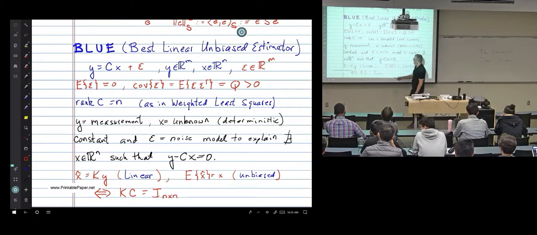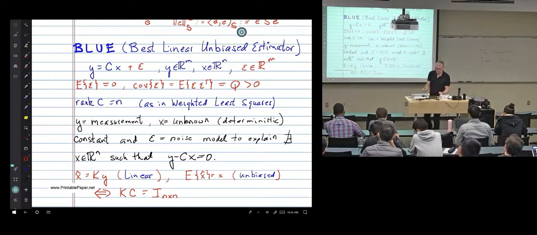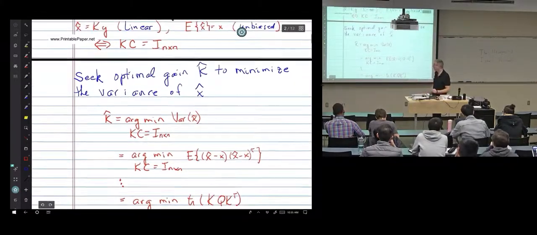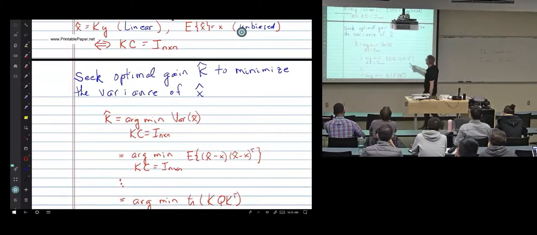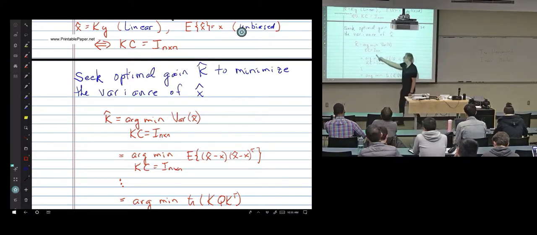So best linear unbiased: linear and unbiased, and for best we decided to use the minimum of the variance. We tried to minimize the variance in our estimate. Okay, so we minimized the variance. So our gain was an argmin of the variance of x hat subject to KC equals I, n by n.